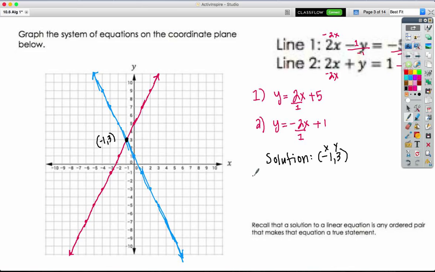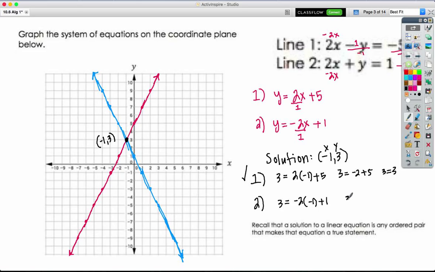If I check the first one, I would have 3 equals 2 times negative 1 plus 5. So 3 equals negative 2 plus 5. 3 equals 3. So it works in the first one. If I were to check the second one, I would have 3 equals negative 2 times negative 1 plus 1.